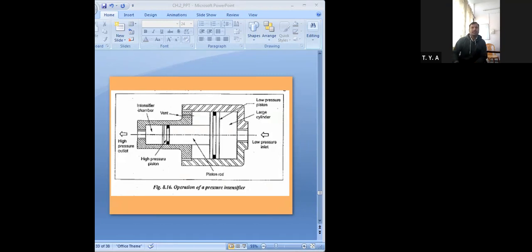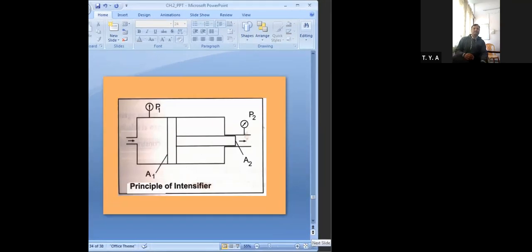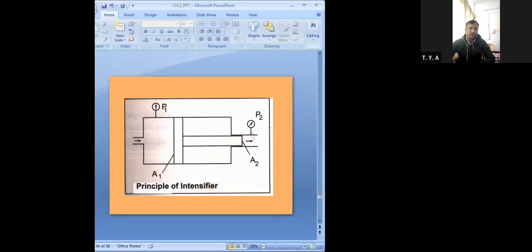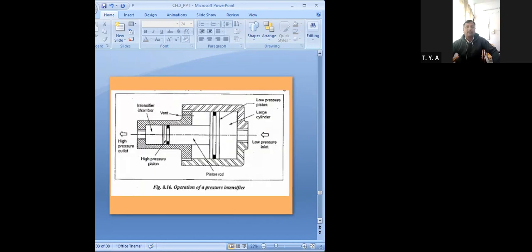Getting it? Now I will show one small video. But before that, this is just the pressure intensifier operation we have discussed. Here also the same figure is there, and both are the same. From this port you can take the low pressure inlet. This is the large piston, sorry, the low pressure piston.